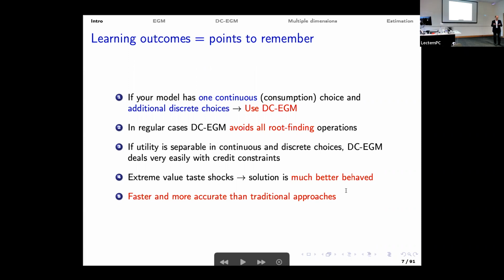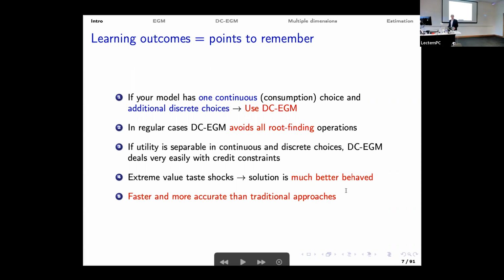We mention in the paper that you could either think of this extreme value shock as something structural, like we usually do, some additional information that the decision maker knows, but not the econometrician. Or you can think of this as a purely numerical smoothing device. And then by adjusting the amount of the smoothing that you include in the problem, you can actually approximate the deterministic version of the model as well.